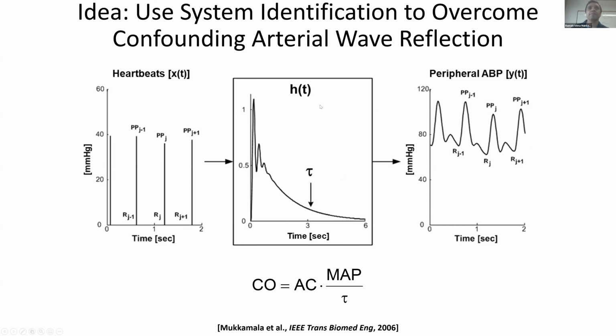Then, an impulse response is identified, which when combined with the impulse train input, optimally fits the peripheral arterial blood pressure waveform output. By definition, the impulse response represents the arterial blood pressure response to a single heartbeat.